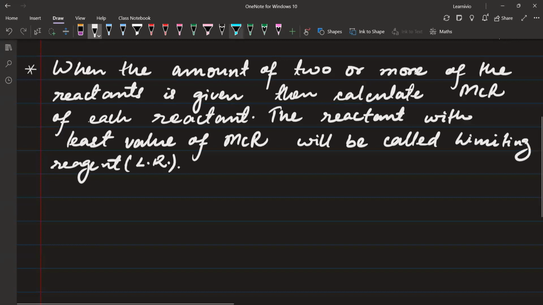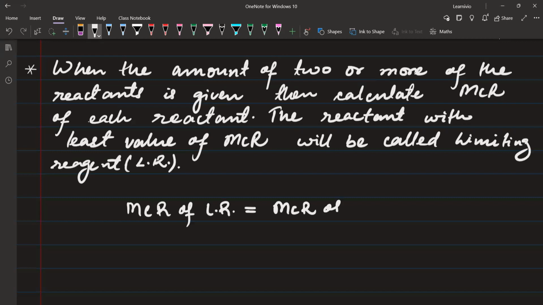So first of all, you will calculate, it is the same thing. When the amounts of two or more reactants are given, we identify the limiting reagent by calculating the MCR, the mole to coefficient ratio. You will get some values; compare them. The reactant having the lowest value of MCR will be called the limiting reagent. Once you have the limiting reagent, MCR of limiting reagent is equal to MCR of product.